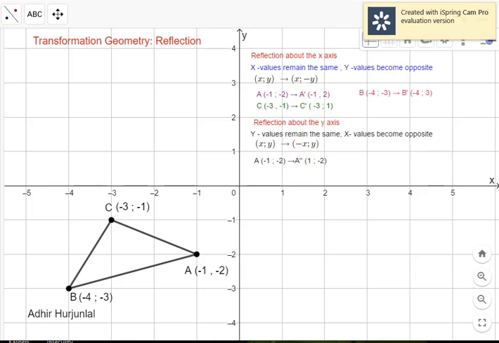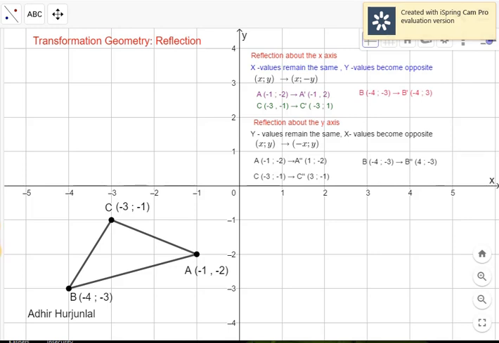Point B was at (-4, -3). If I'm using reflection, remember the y value remains the same. It is the x value that changes. And obviously, point C will follow the same subroutine.